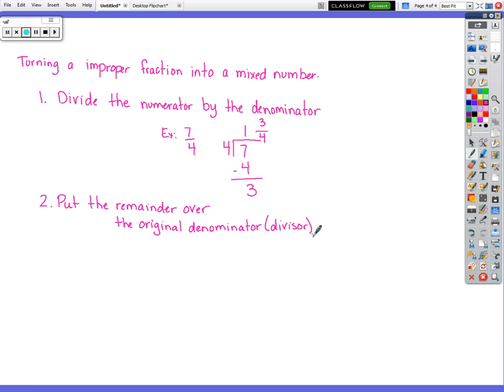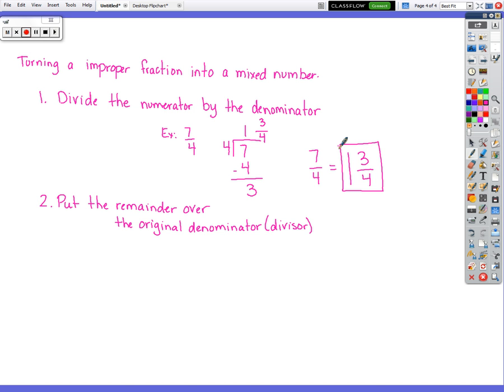So 7/4 is equivalent to 1 3/4. This 1 3/4 is your mixed number in lowest terms, or simplest form.